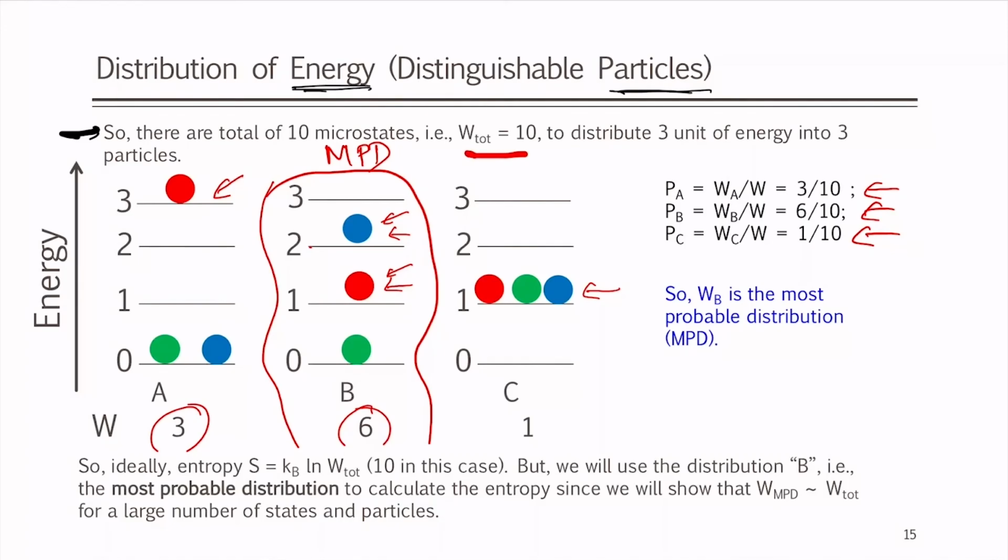So, ideally we should write the entropy as k_B ln W tot, but we will use distribution B only, the most probable distribution, to calculate the entropy, since we will show that W_MPD equals W tot for a large number of particles. We already have shown that for a 2 level system, and it is true for multi level systems as well. So, basically we already showed that before.